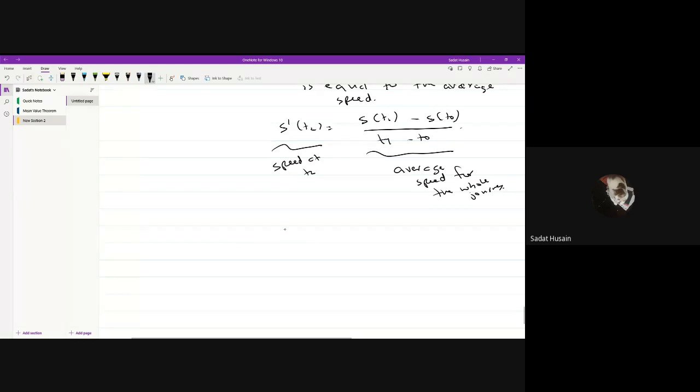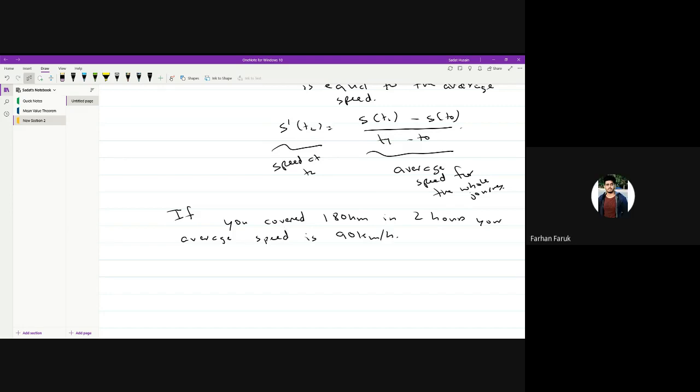For example, if you covered 180 kilometers in 2 hours, your average speed is 90 kilometers per hour. But this speed will not always stay the same; sometimes it will increase, sometimes it will decrease.